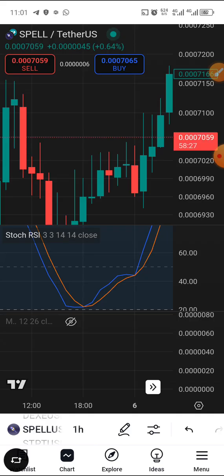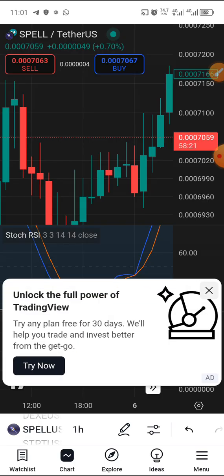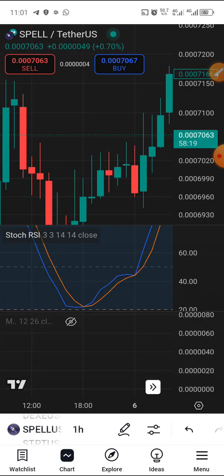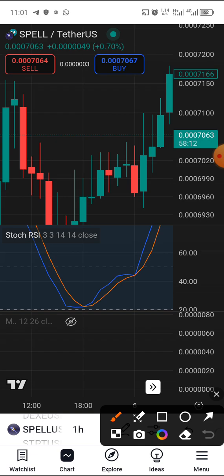And where do you draw a vertical line? A vertical line is drawn on those points where the signal line crosses the average line. I told you that this blue line is what we call a signal line, and the brown line is what we call the average line.